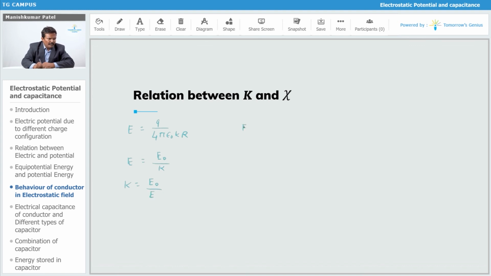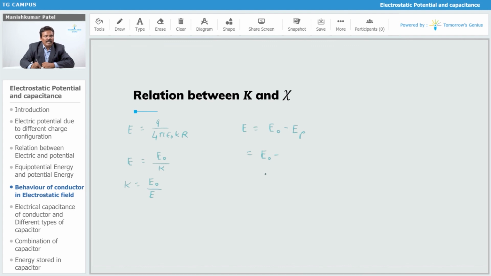Now the resultant field inside the dielectric, which is E, is the external field E naught minus the field developed inside the dielectric, let that be Ep.